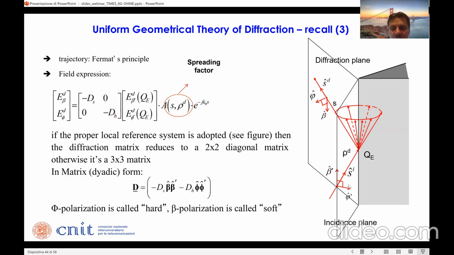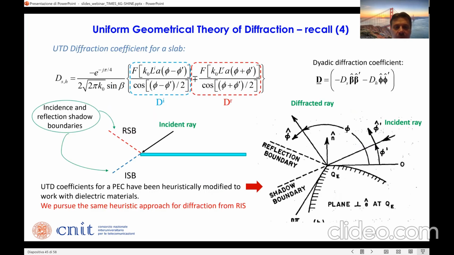The hard are the coefficient along the direction perpendicular to the incidence and diffraction planes, while the soft coefficient apply to the unit vectors beta and beta prime. And this is the definition of the dyadic.